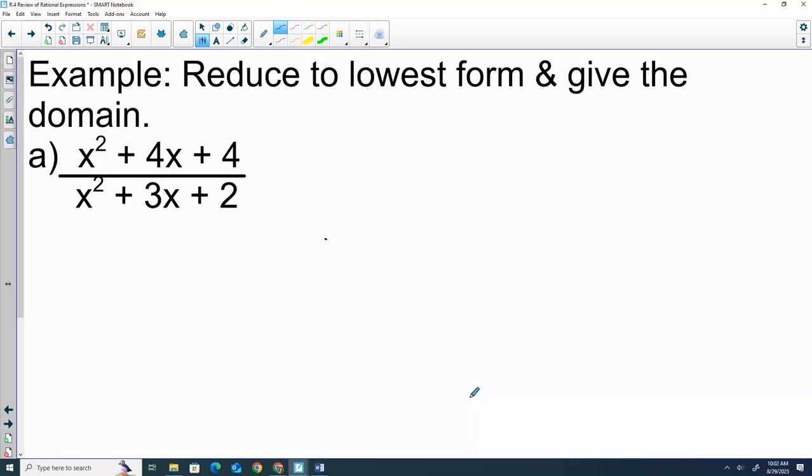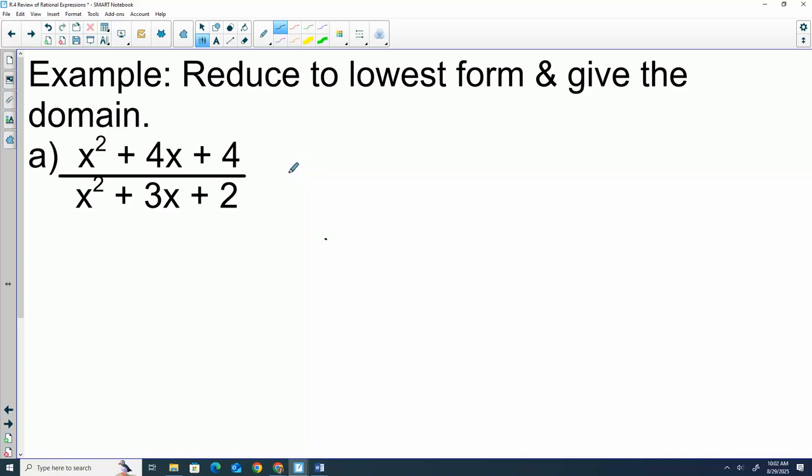So for this problem, we need to be able to write our fractions in lowest terms. Before I can cancel anything, things have to be multiplied together. Right now I have terms added and subtracted, so I can't actually cancel anything out yet.